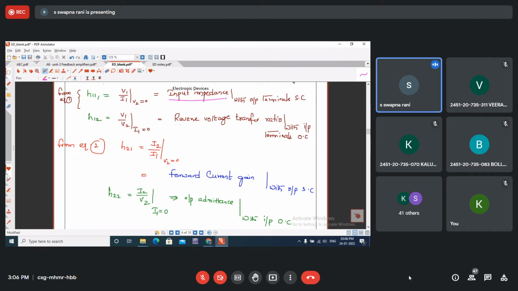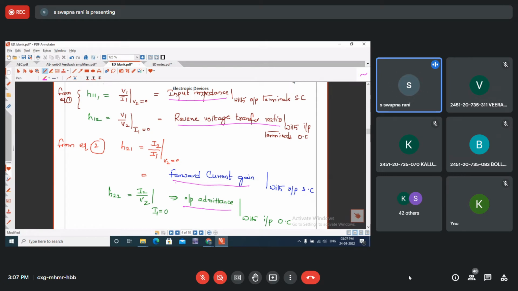H12 will give you the reverse voltage transfer ratio, so 1 by H12 will give you the voltage gain. H21 will give you the information about the current gain, and H22 will give you the output admittance. The inverse of output admittance is output impedance.